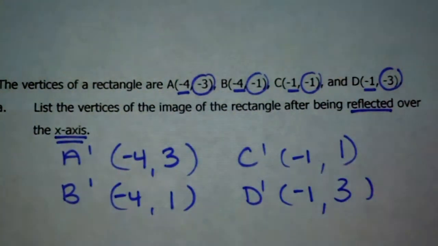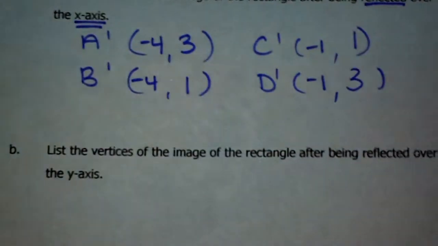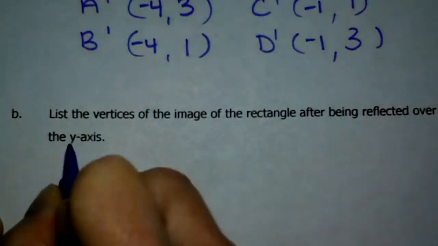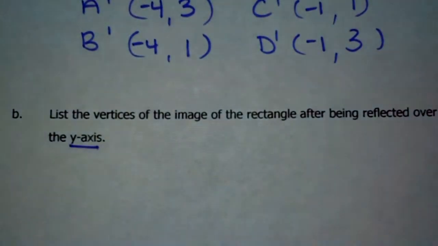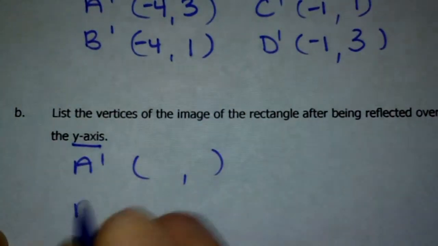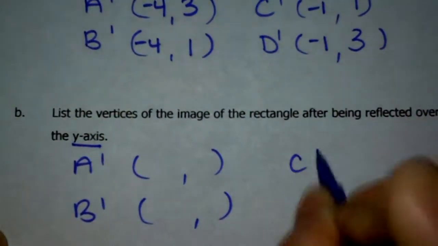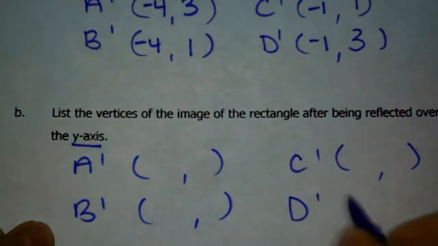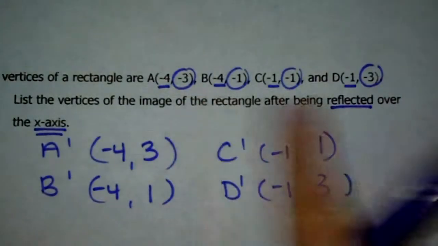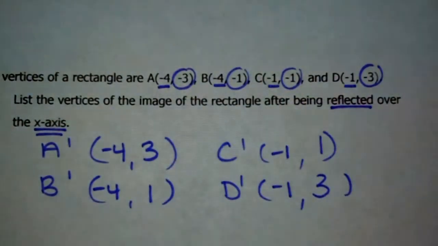All right, one last example, and this time we're going to take the same exact ordered pairs that you were given, but now I want you to list the vertices after we reflect it over the y-axis instead. So I'm still going to have my image A prime, B prime, C prime, and D prime. Now remember, when you're reflecting over the y-axis, the y values were the ones that stayed the same.